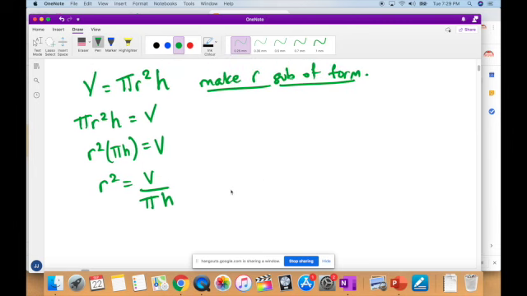But the problem is, I don't want R squared, I want R. So what to do from now? We talked about this in the last couple of classes when we were talking about squares and square roots. And remember, you just treat it like any other number. Don't let V and pi and all of them things get you frightened.